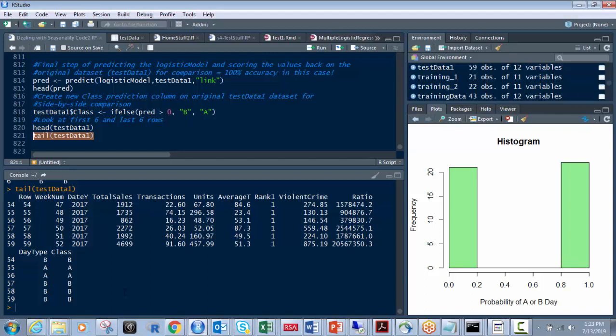We have gone through an entire data science project here that we actually use in data science to show, you know, are we going to have a good sales day or a bad sales day based on internal and external sales.